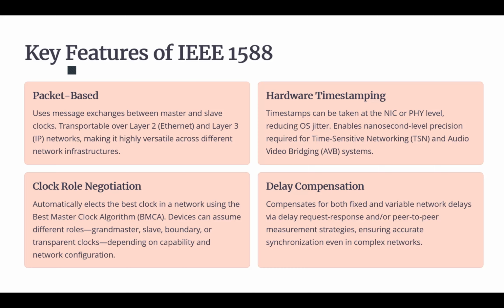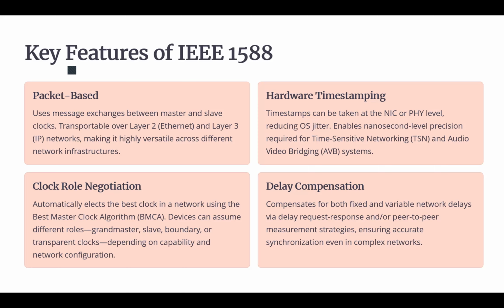Now, this aspect reduces the time errors caused by operating system delays and makes the synchronization more accurate. That's one of the reasons that we have around nanosecond accuracy and precision when we're talking about the PTP.